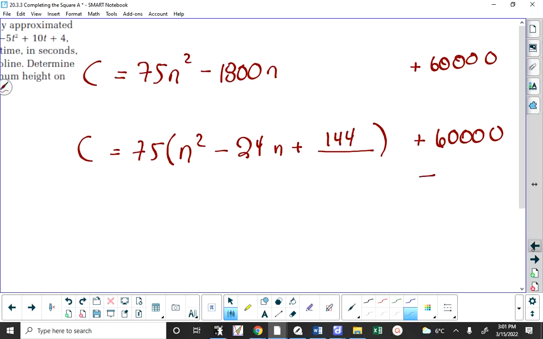Figure out what we have to subtract outside of the brackets for me, please. And I'm willing to bet you will need your calculator here. $78,300?